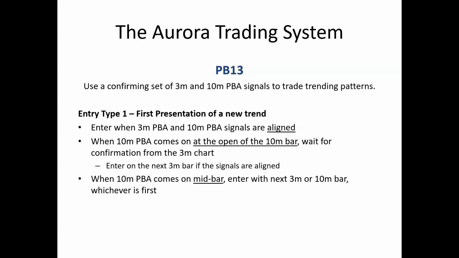Now the 3-minute may already be aligned. This can be a little confusing, because if the 10-minute comes on at the open of the bar, we always say we want to take our trades at the open of the bar. But if it's aligned at the open of that 10-minute bar with the 3-minute already, we're still going to wait one more 3-minute bar to confirm that the signals are still aligned.